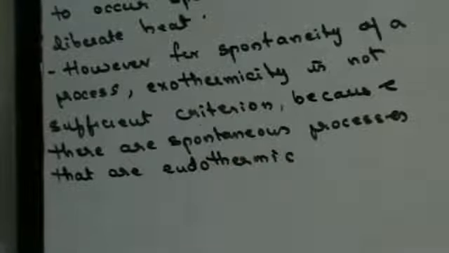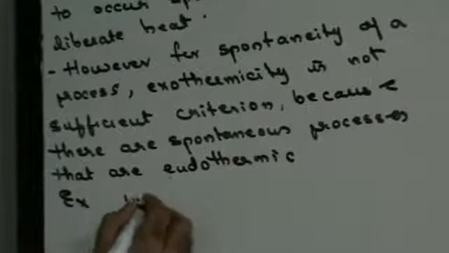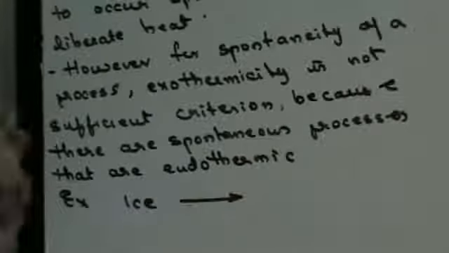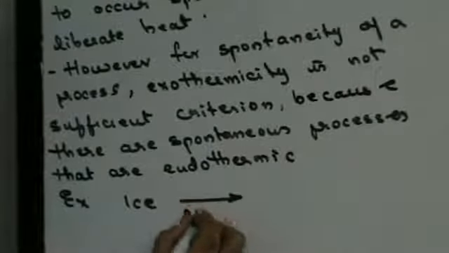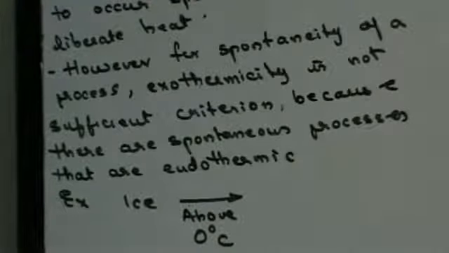For example, if you want an example of an endothermic spontaneous reaction, a very simple example: if I take ice above 0 degrees Celsius, it will immediately get converted into water. Now, if ice is getting converted into water, that means heat energy must be absorbed.